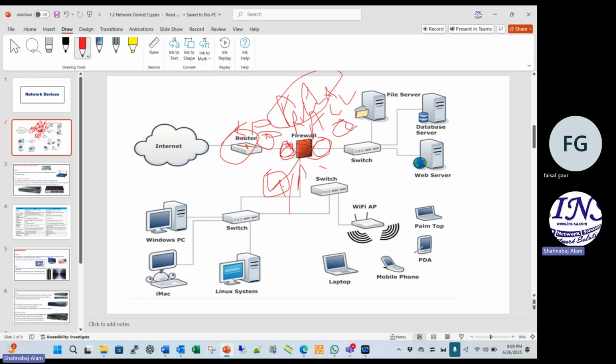We configure TACACS and RADIUS. There are two servers: one is TACACS and one is RADIUS. Both servers should be configured on the firewall, and we can apply them.